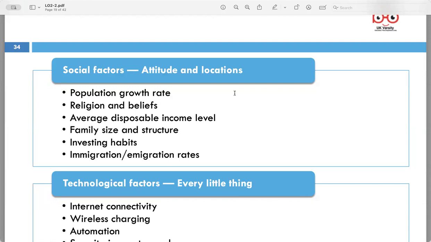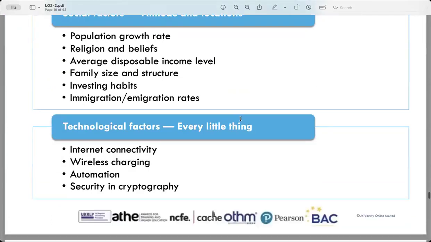All of the technological aspects, including the smallest of details, the ability to connect to the internet, use of wireless charging, automated control, protection and safety in cryptography.